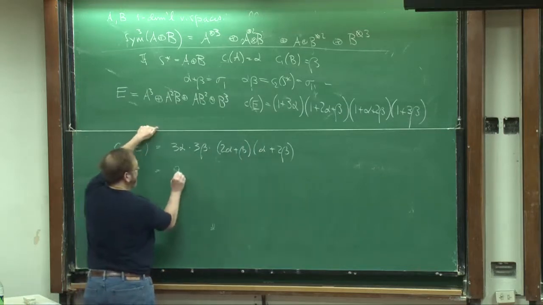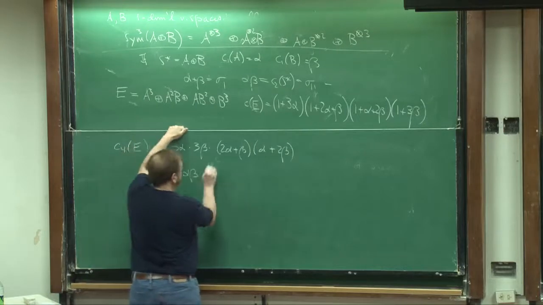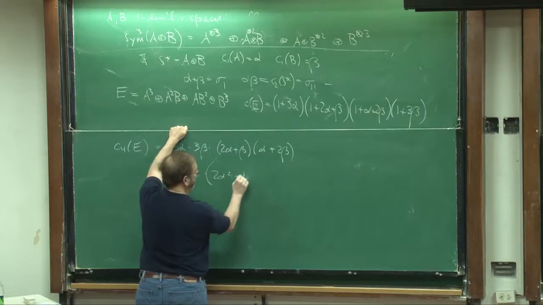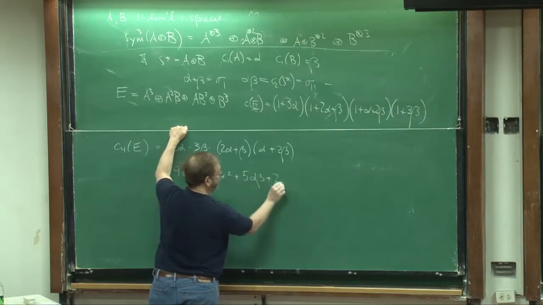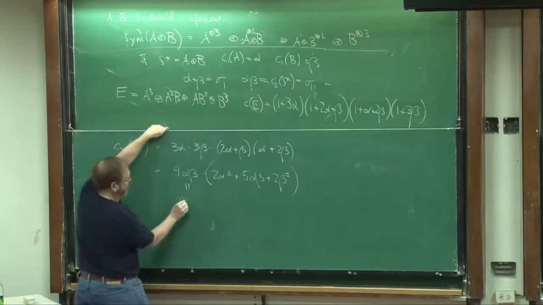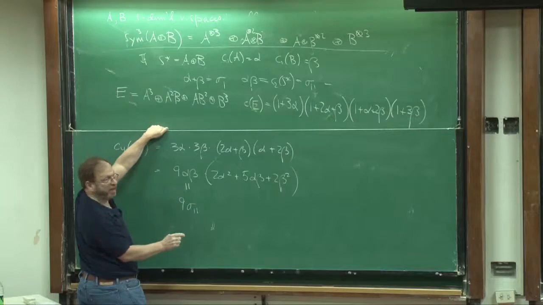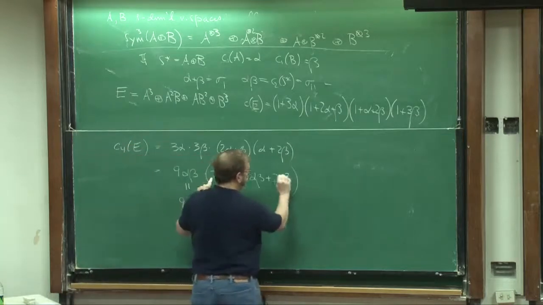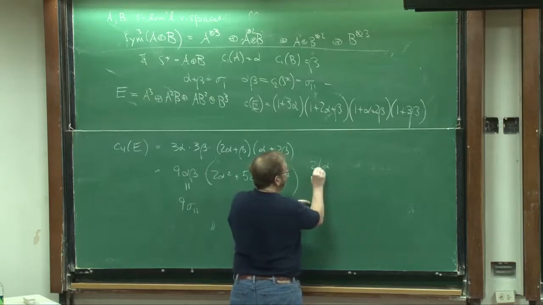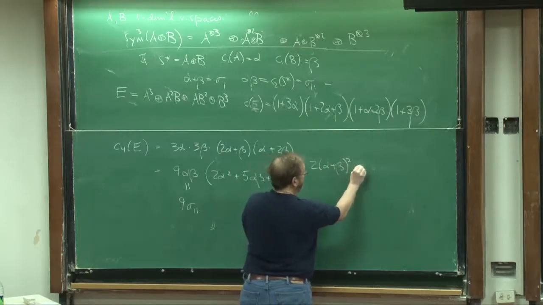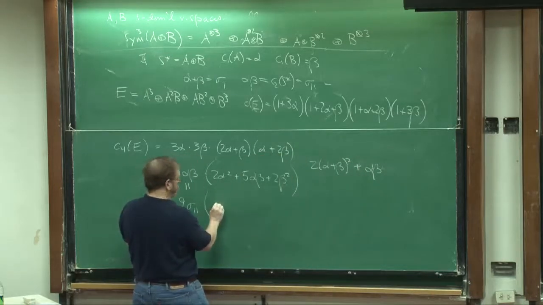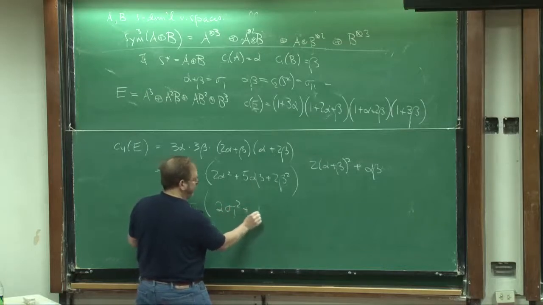Specifically, this is 9 alpha beta times 2 alpha squared plus 5 alpha beta plus 2 beta squared. This, by what we just said, is just 9 times sigma 1,1. This expression here, I can write again as a polynomial of the elementary symmetric polynomials, and specifically it is twice alpha plus beta quantity squared plus one more alpha beta. So this becomes twice sigma 1 squared plus sigma 1,1.